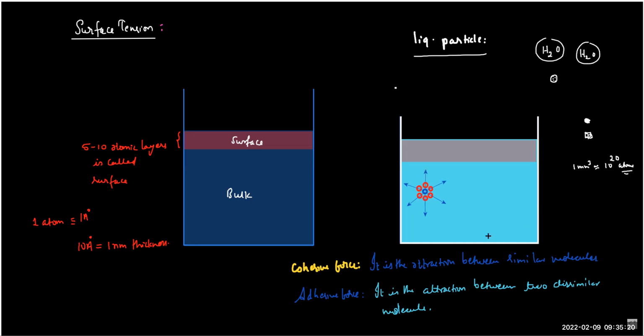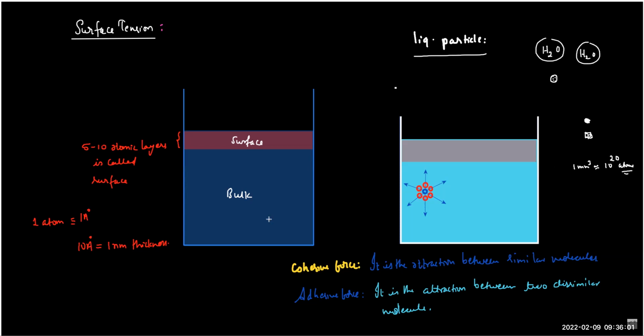Because this molecule is pulled in all directions, and the pull is symmetrical and three dimensional, it is covered like a spherical ball. So what is the net force acting on the blue liquid particle? Can we say zero? You can see that the net force acting on the blue particle is zero.